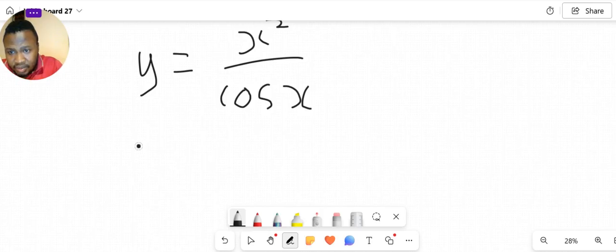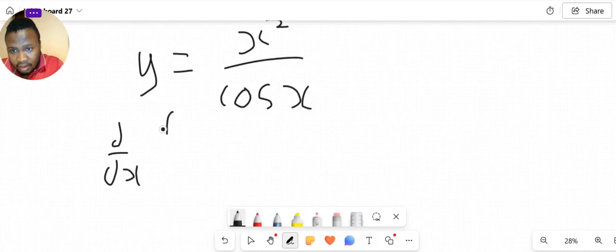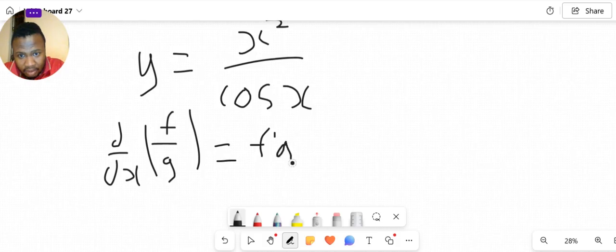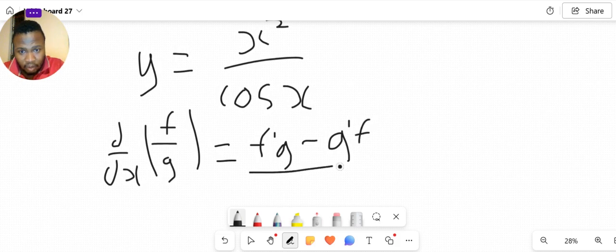So basically the quotient rule says if you're deriving f over g, this will be equal to f prime multiplied by g minus g prime multiplied by f, all over g squared.